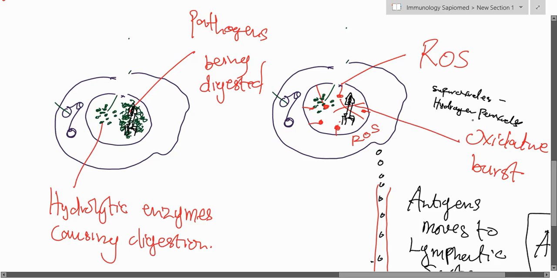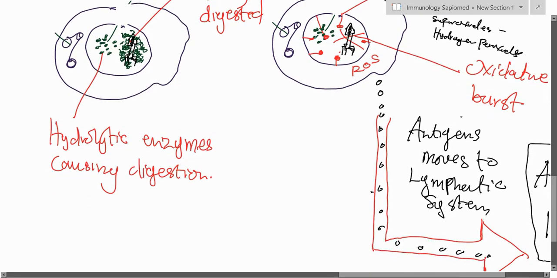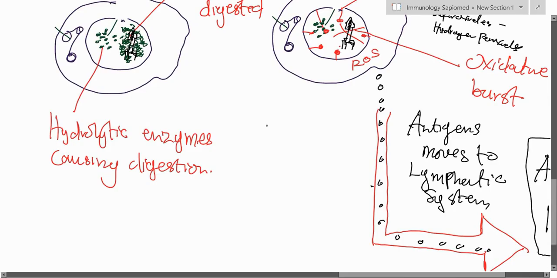Okay, now after this destruction is done, the fragments, or what we call the antigens, that are released move into the lymphatic system through the lymphatic vessels, and then continue with the adaptive immunity. So you can see antigens move to the lymphatic system to continue the adaptive immunity.